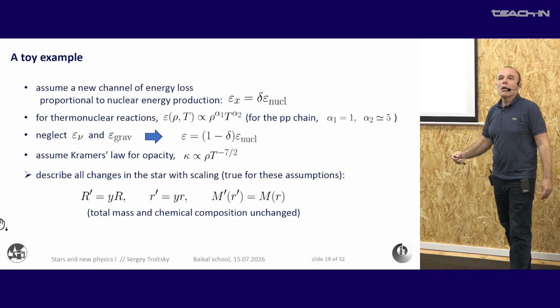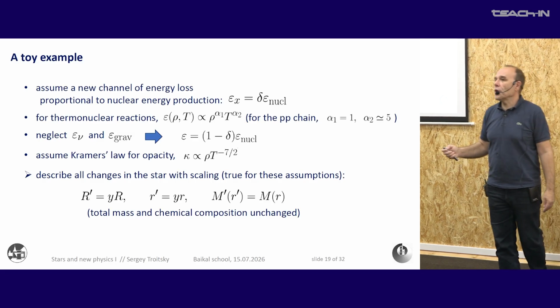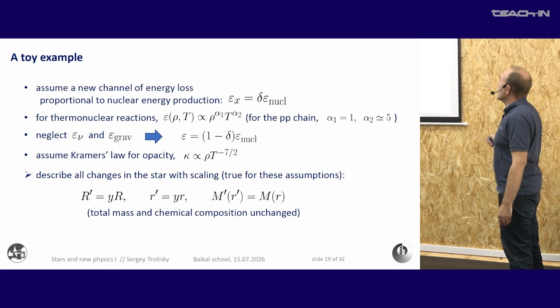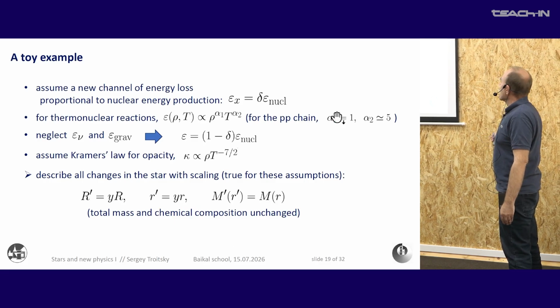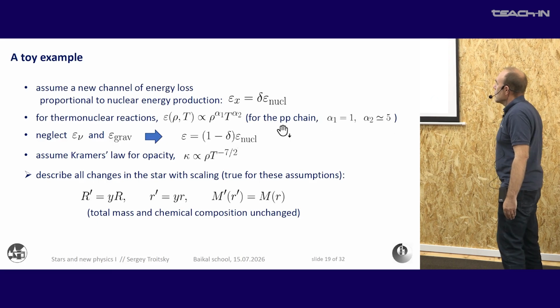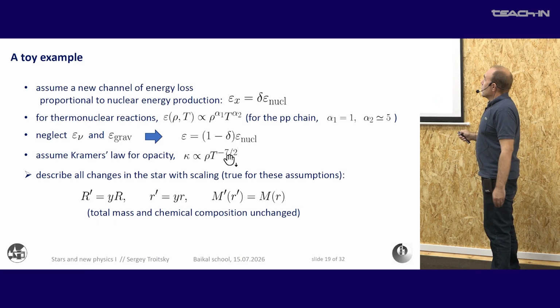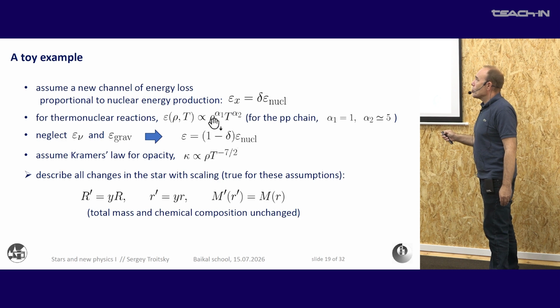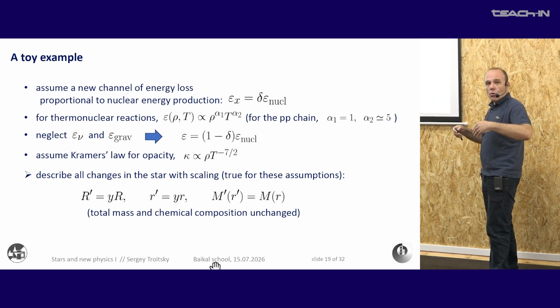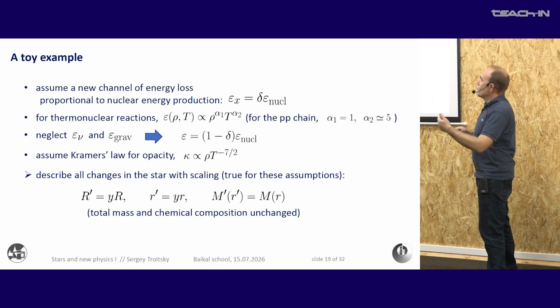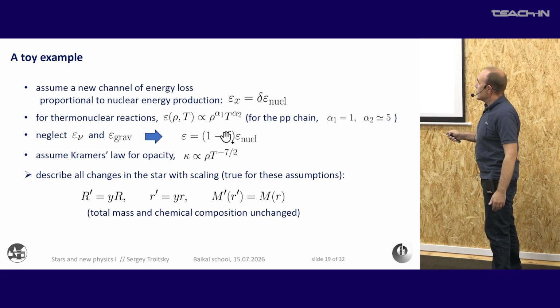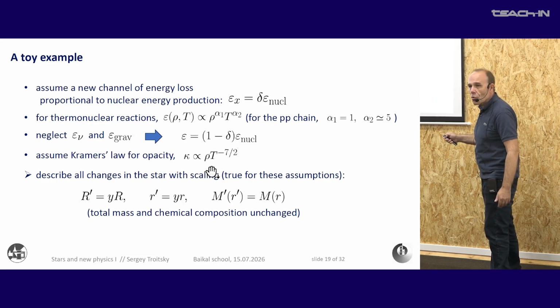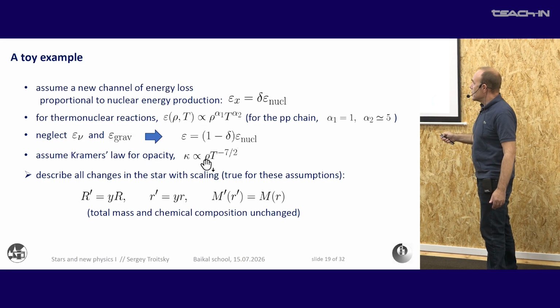For the main hydrogen burning chain in the star, for instance in the sun, the power laws have these coefficients. Then all the changes are encoded in this power law, and this assumption is good provided that these functions, epsilon and kappa, are power-law functions of density and temperature.